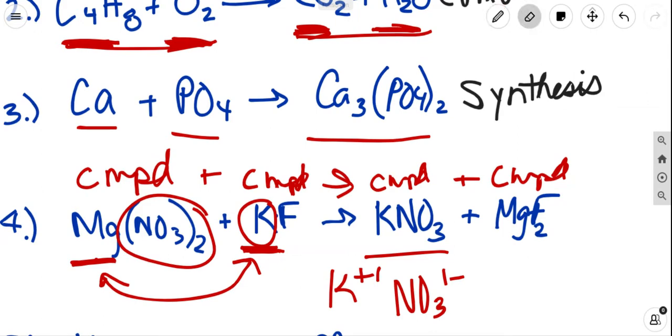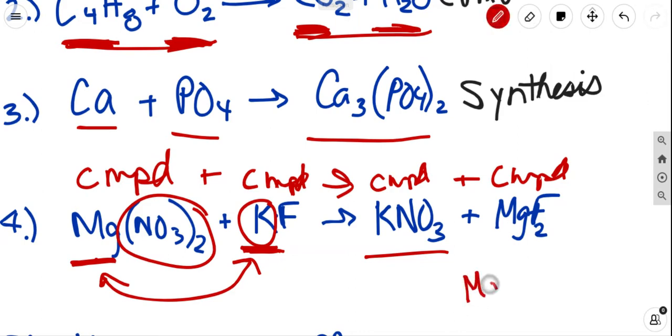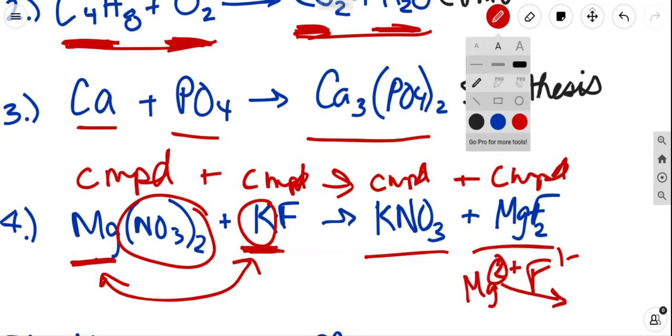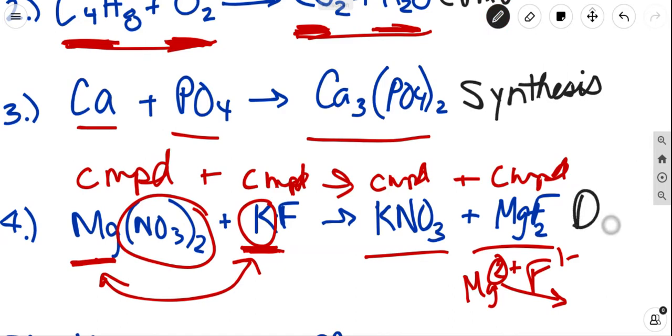So that's why it doesn't have that parentheses 2. And magnesium is now with fluorine. You're like, well, where'd the 2 come from? Well, magnesium is 2+, fluorine is 1-, and we crisscross. So that's how we get MgF2. So this one is double replacement because we have 2 compounds yielding 2 compounds.